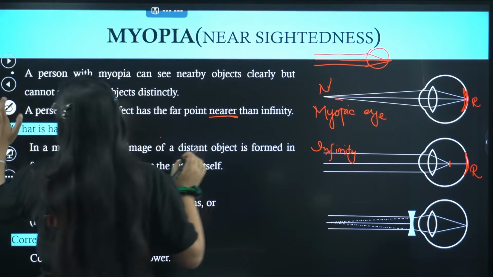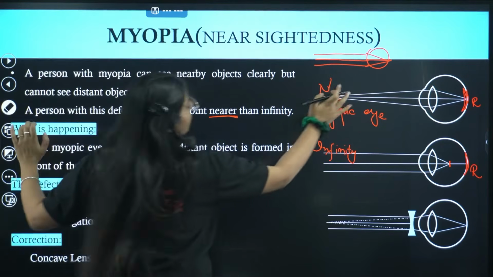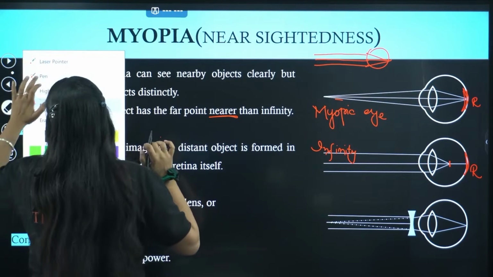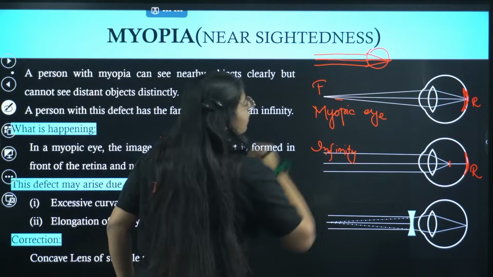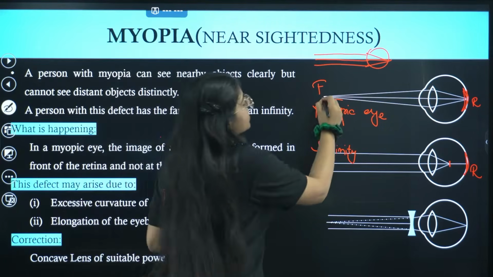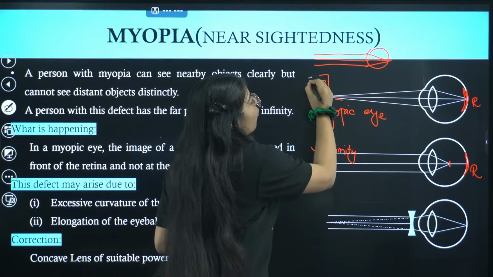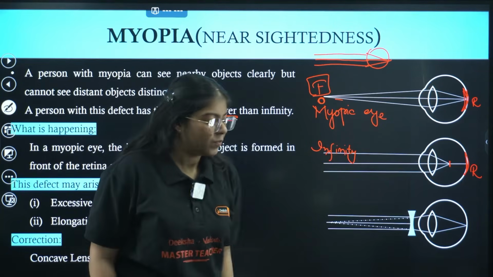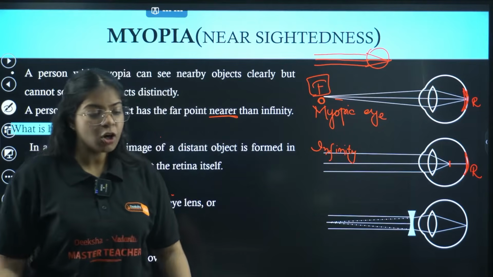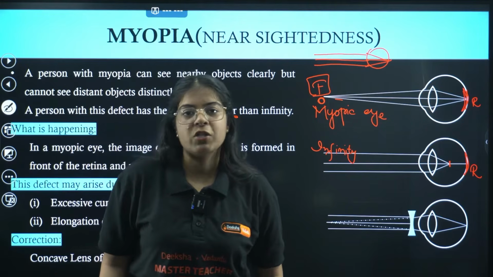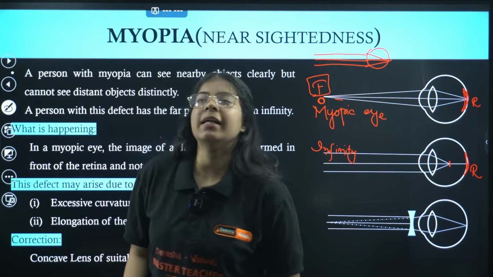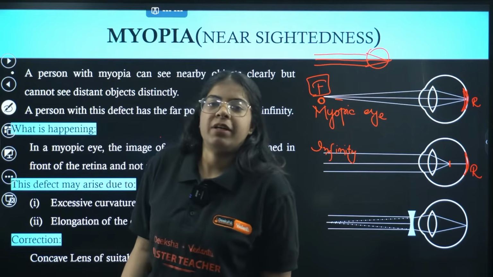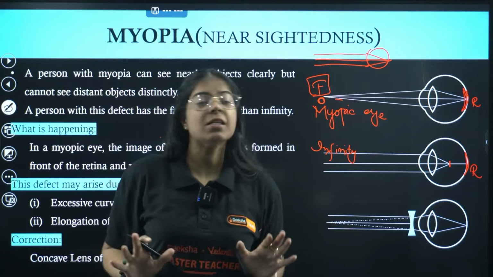So let's call this our far point. Our object is now placed at the far point of our eye. Of course, I cannot bring my object near my eye every time. That is why we use these lenses.